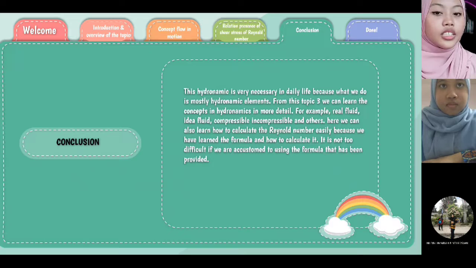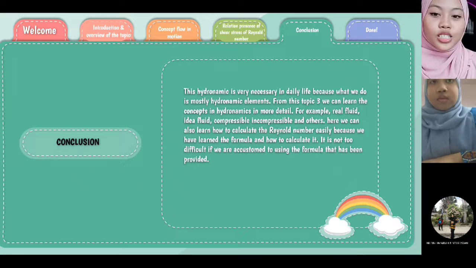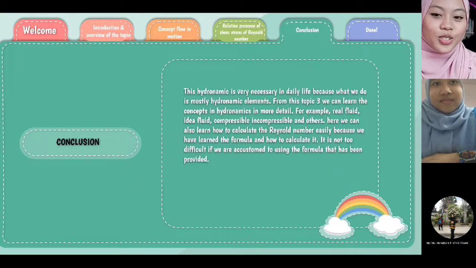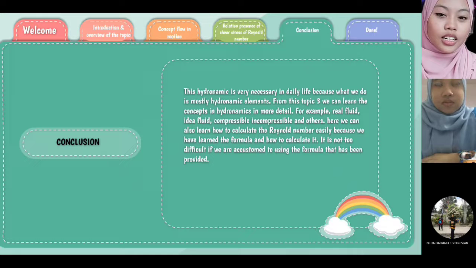For example, real fluid, ideal fluid, compressible, incompressible, and others. Here we can also learn how to calculate the Reynolds number easily because we have learned the formula and how to calculate it. It is not so difficult if we are accustomed to using the formula that has been provided.